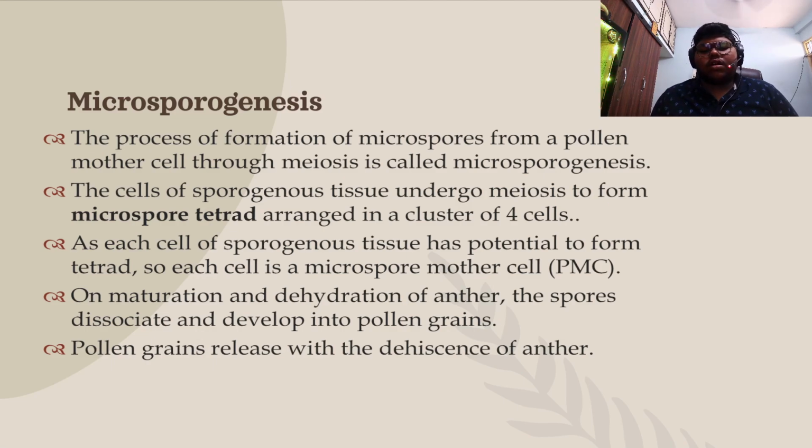Each cell of sporogenous tissue has potential to form tetrad, so each cell is a microspore mother cell. On maturation and dehydration of anther, the microspores dissociate and develop to pollen grain. Pollen grain is released with the dehiscence of anther.